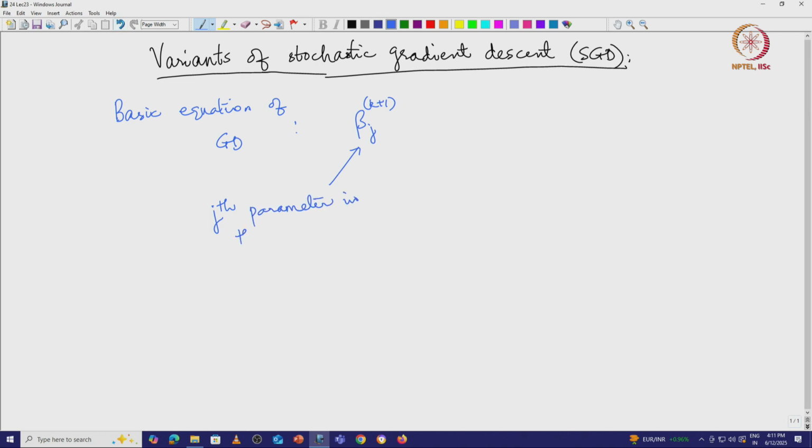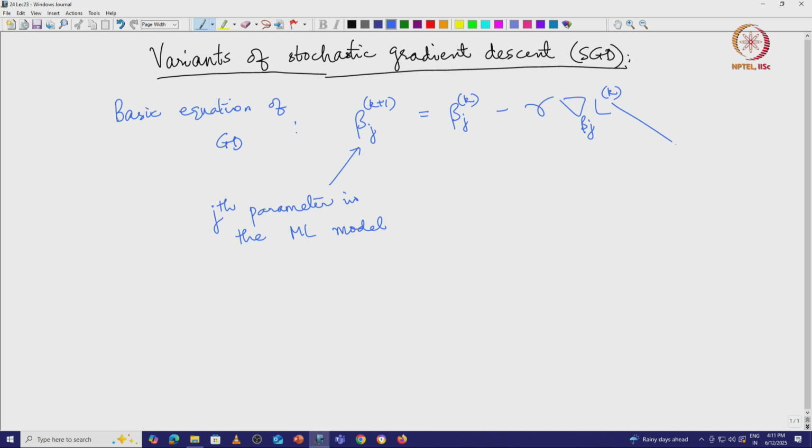in the ML model, and we are looking at it after it has been updated in the kth iteration. So beta j k plus 1 is equal to beta j k minus gamma, the learning rate, times the gradient of the loss function at iteration k with respect to the parameter beta j.